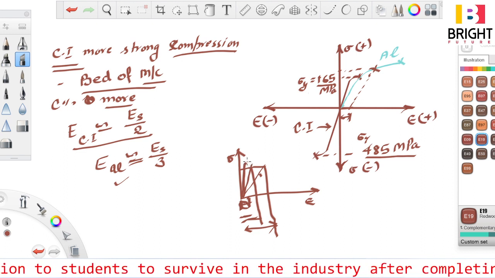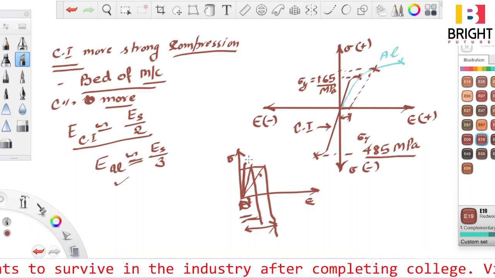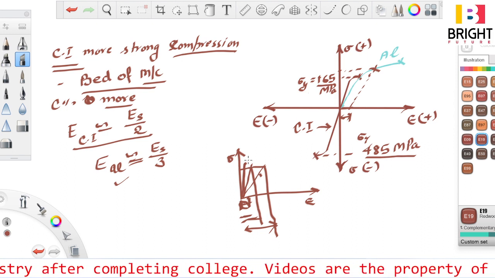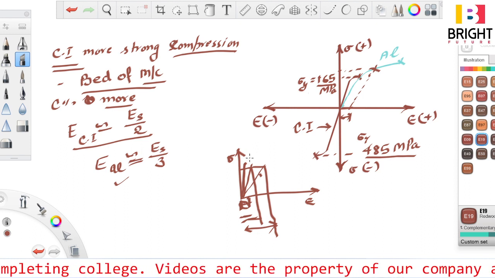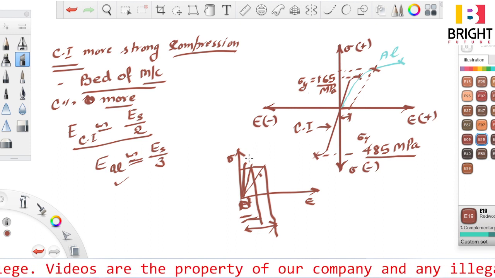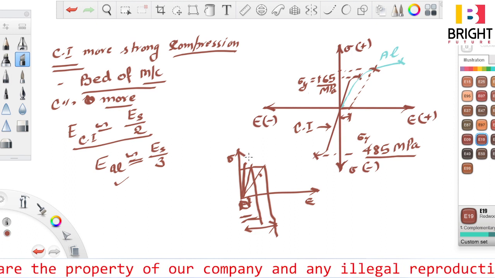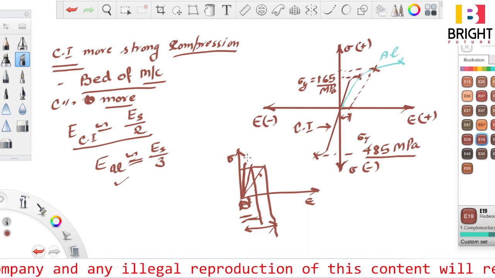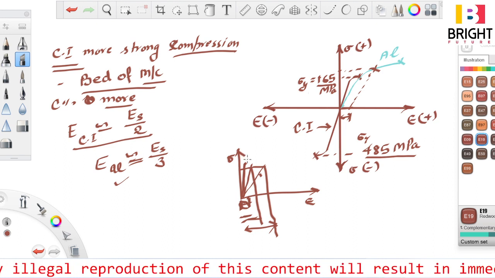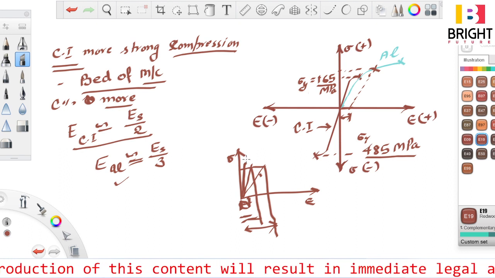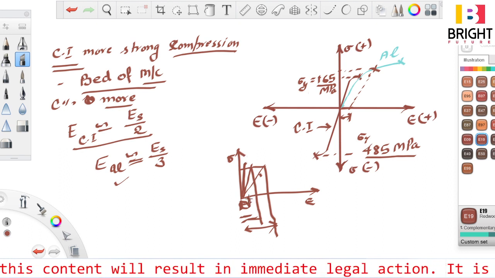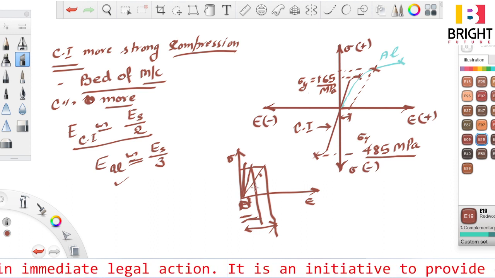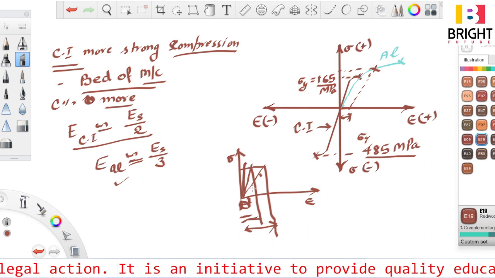If the E of the material, the Young's modulus of elasticity, is more, the material is more sensitive to strain. For a small amount of strain, the material will react immediately and produce stress. However, for a less value of E, the line of proportionality is away from the y-axis, as I showed here. Hence the response of the material to small strain is less.